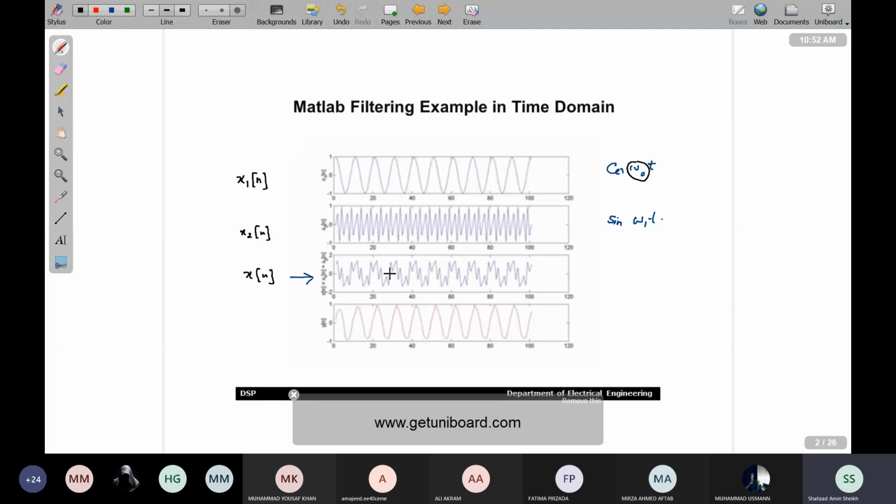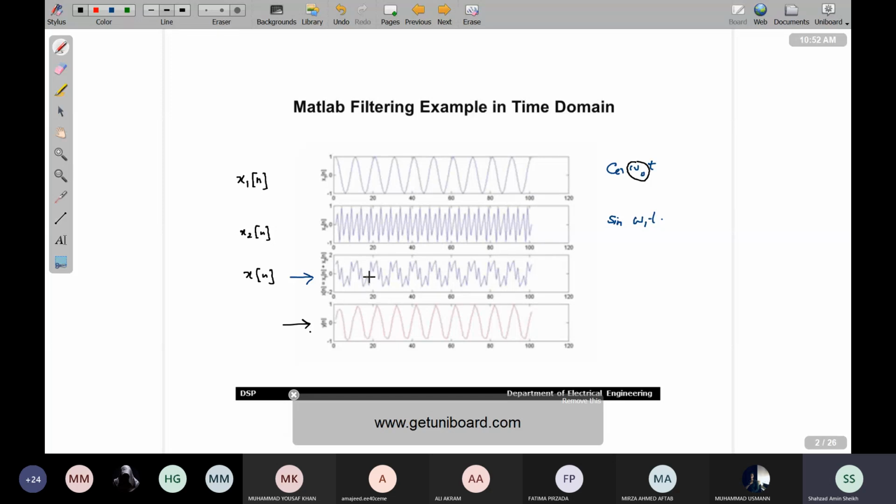And my interest is to remove this x2 of n, the noise, the high frequency component from my desired signal, and I have performed some filtering operation, and as a result of that I have got this y of n which is my desired signal.